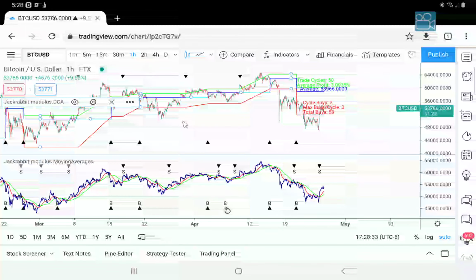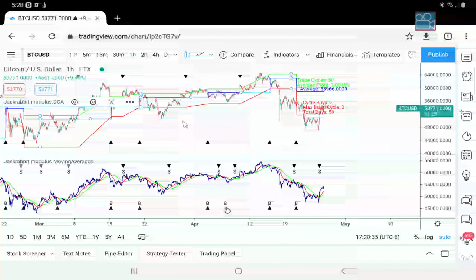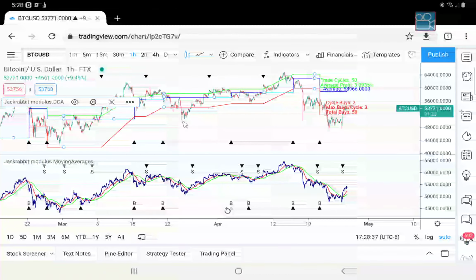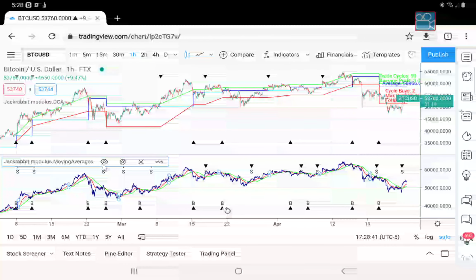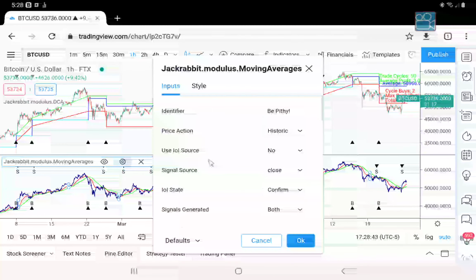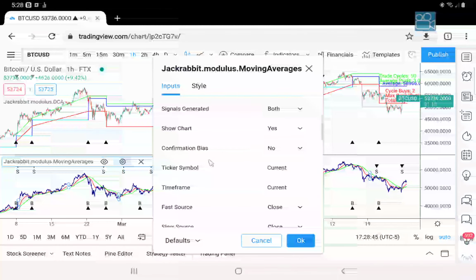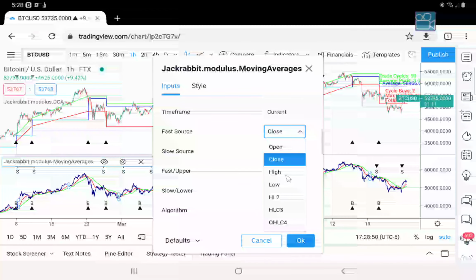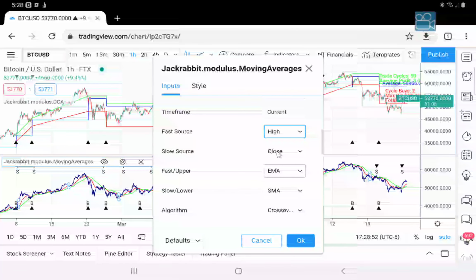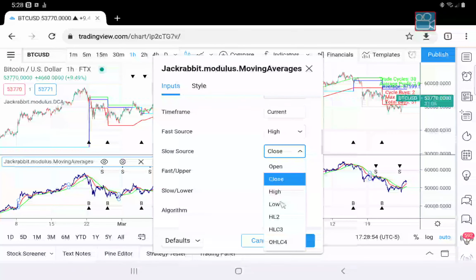Now this is the step method, and it works well with what I like. Now this is a simple crossover. Let's get down here and tune this. I always prefer a split channel momentum because I believe it provides better opportunities.